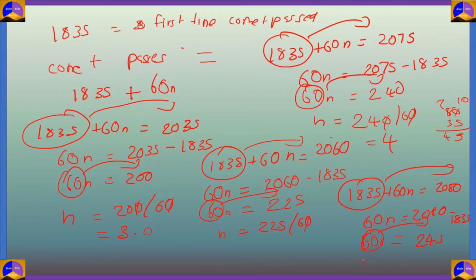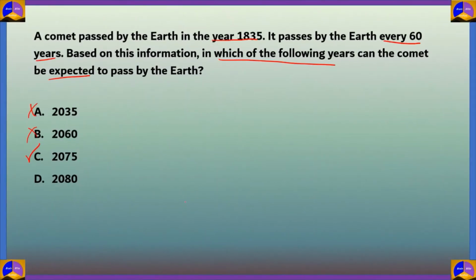Now we take 60 to the other side. N equals 245 divided by 60. Now 245 is an odd number while 60 is an even number. So 245 is not completely divisible by 60. So option D is also incorrect. The correct answer is option C, 2075.